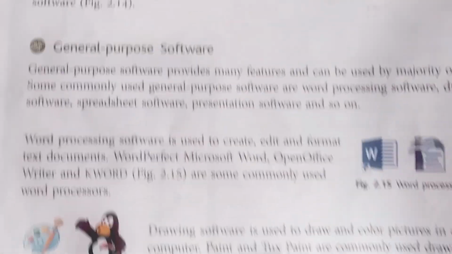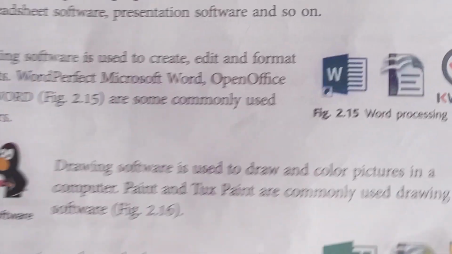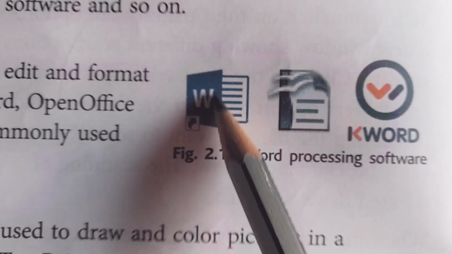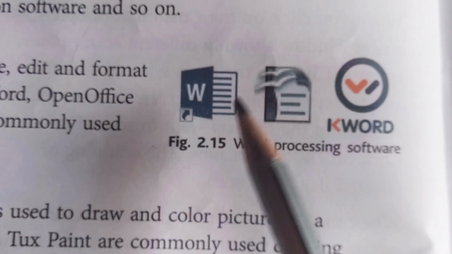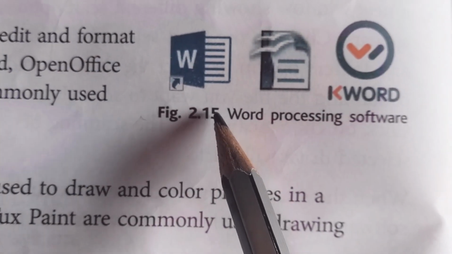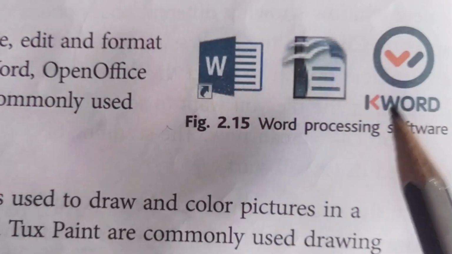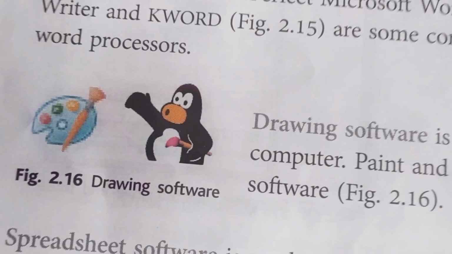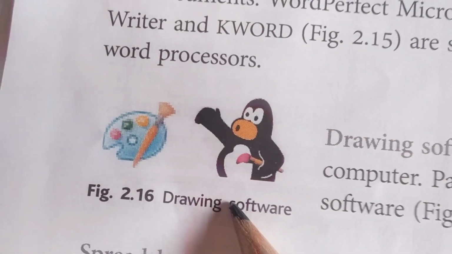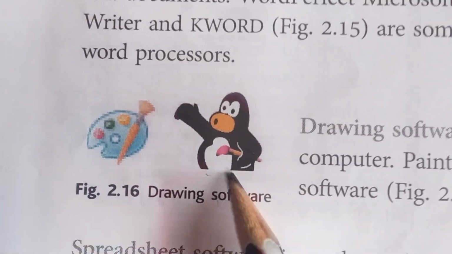General purpose software includes word processing software like MS Word, Open Office Writer and K-Word. These are used for writing text. Then drawing software is MS Paint and Tux Paint. These are used for drawing.